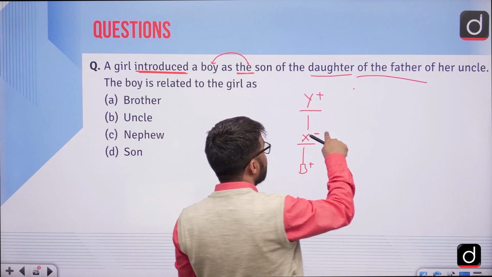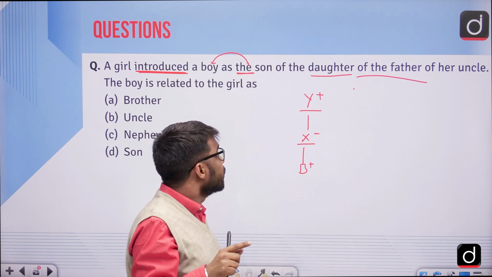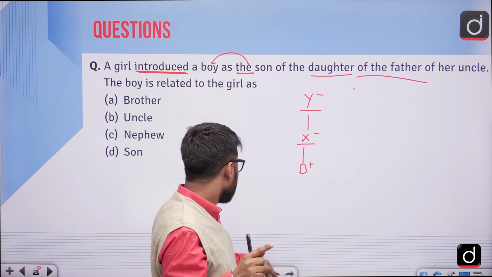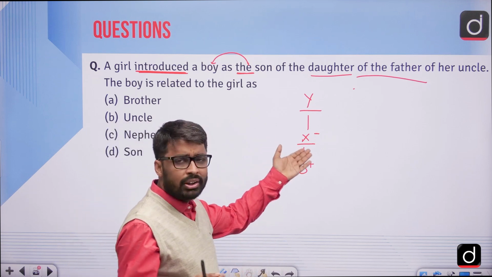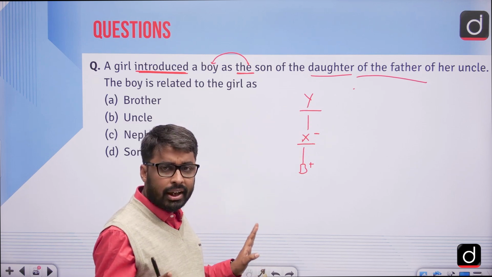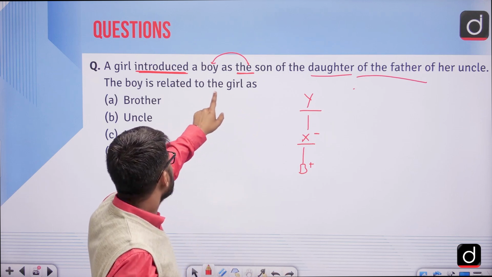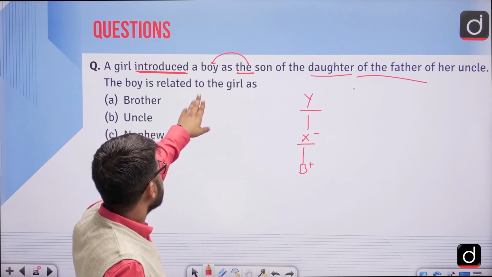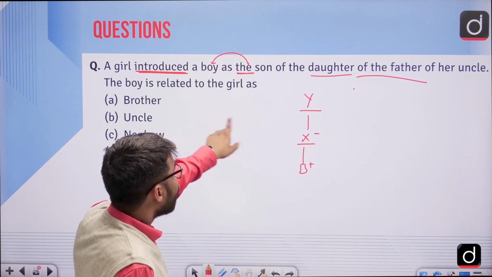Father of her uncle, right? Daughter of the father of her uncle. So let's say that X is daughter of Y, right? This boy is the son of the daughter of the father of her uncle.